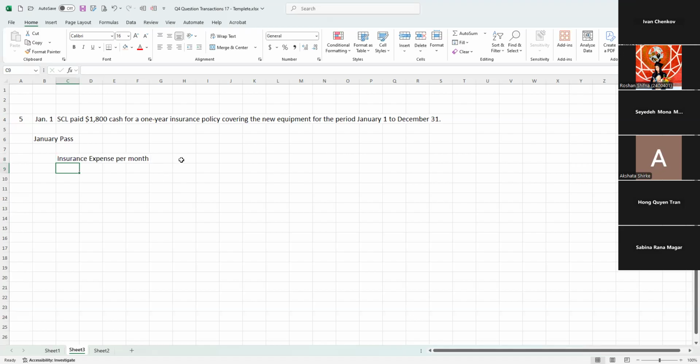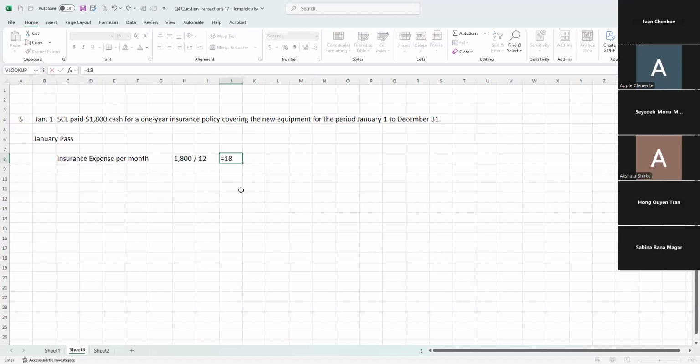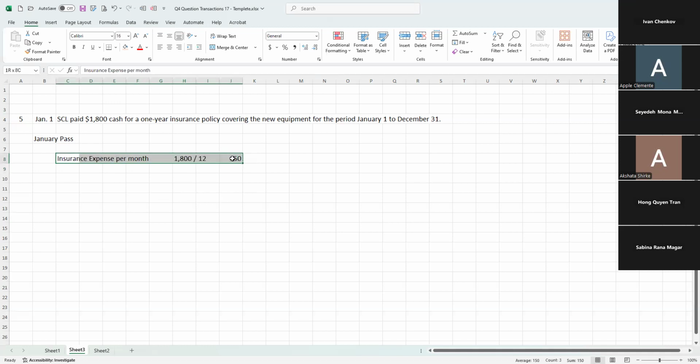So how am I going to get it? Insurance per month will be equal to $1,800 divided by 12. That's $150. So every month I have to transfer $150 as an insurance expense.